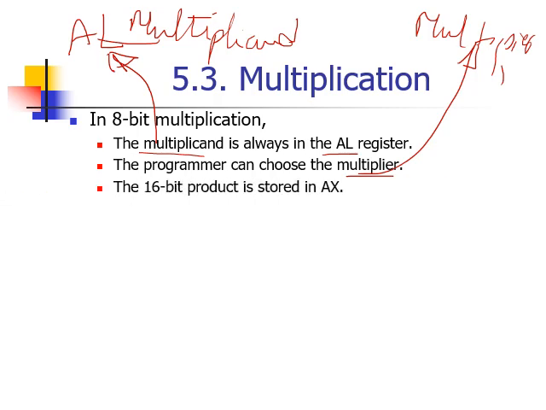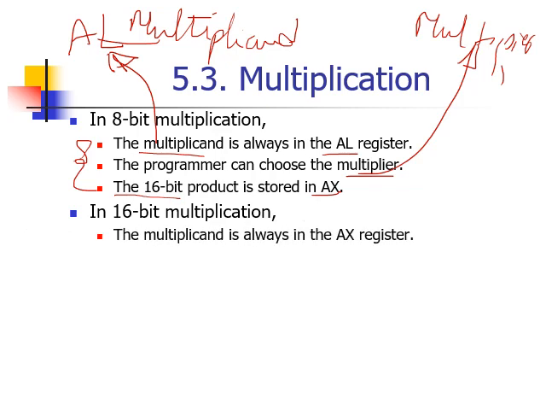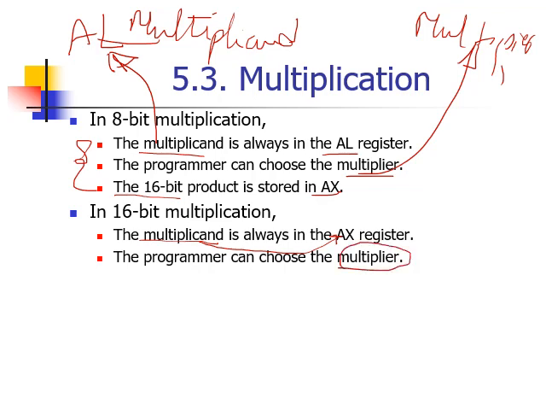In a 16-bit product, the multiplication in 16-bit of course, the 16-bit result from this is placed in AX. In 16-bit multiplication, the multiplicand, the first 16-bit number, is placed in AX. And the programmer can choose the multiplier, whether to get this 16-bit from a register or from two memory locations. Okay.